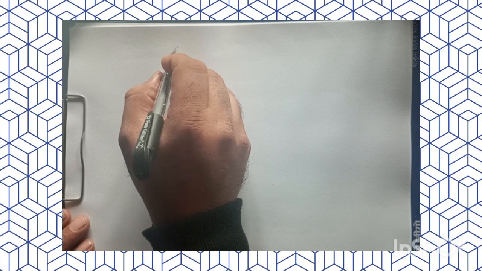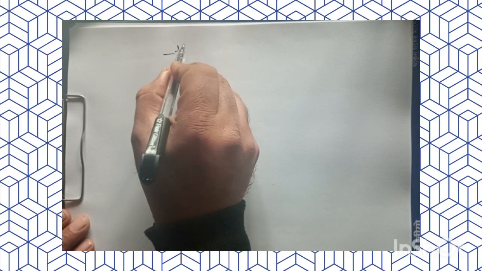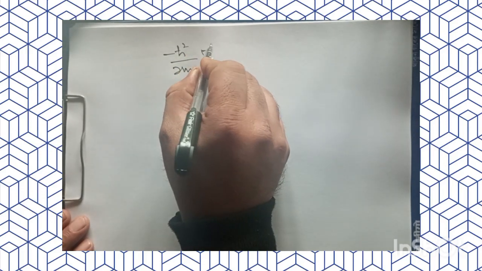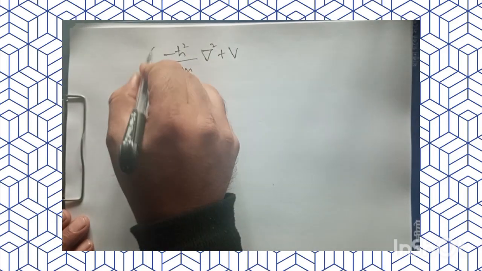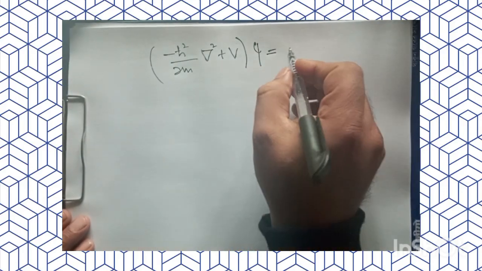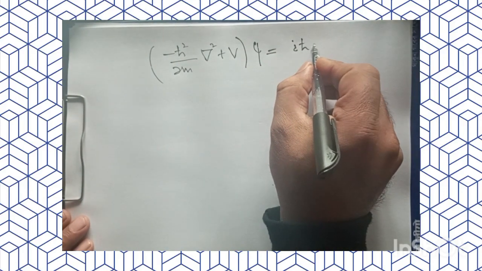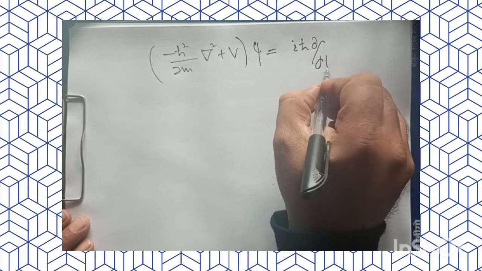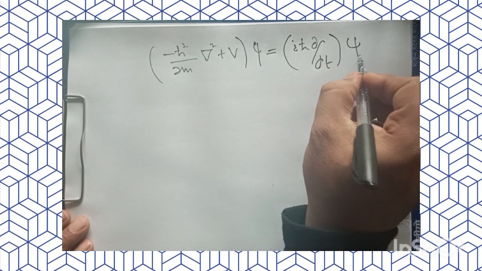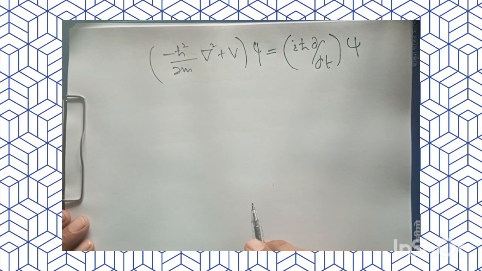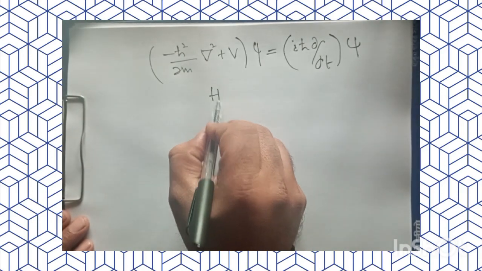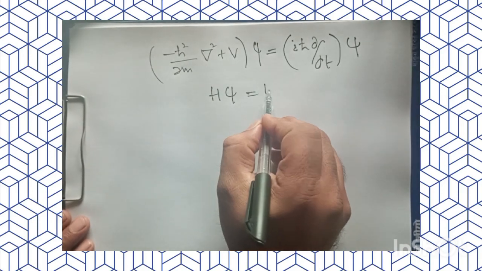That is minus h bar square by 2m del square plus V of psi is equal to i h cross del by del t of psi. That should be clear. So this is basically H psi is equal to E psi.